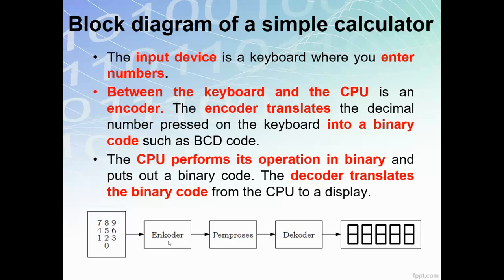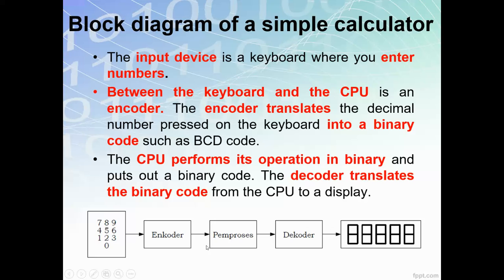Then the processor performs its operation in binary and puts out the binary code. And then what the decoder does is translate the binary code back.